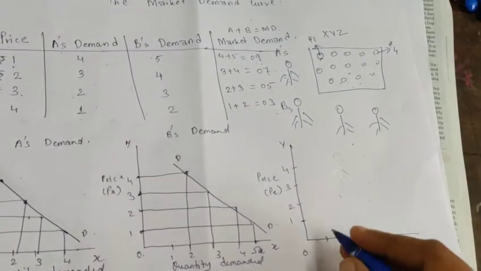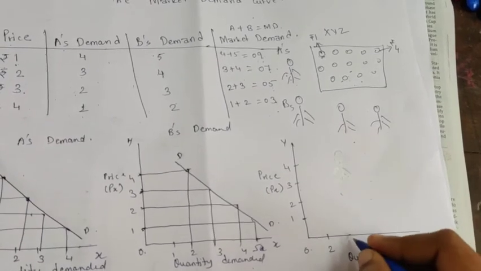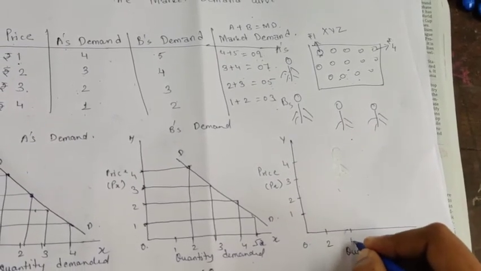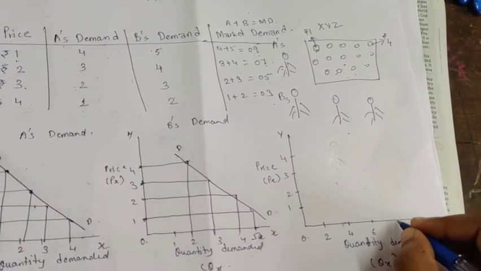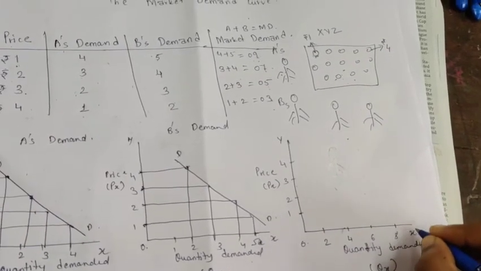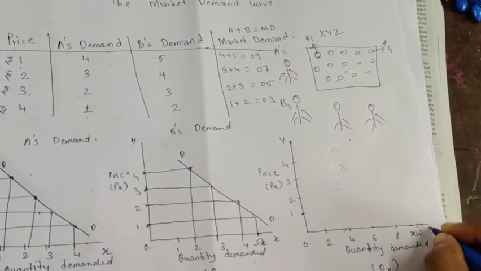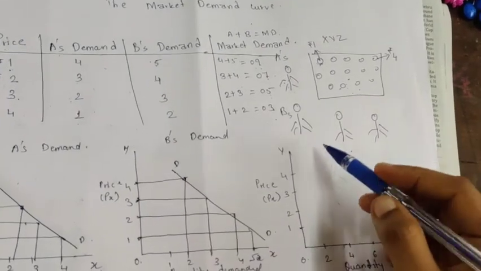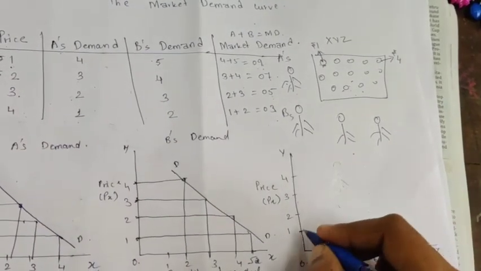So you can simply write 2, 4, 6, 8, and last 10 on the x-axis. Plot the information, first column and the last column.